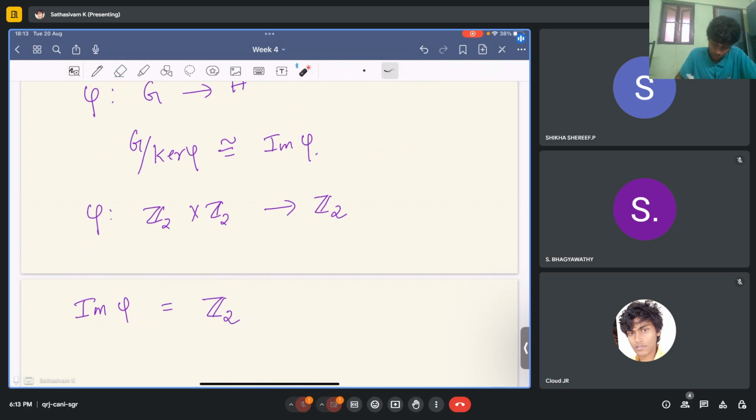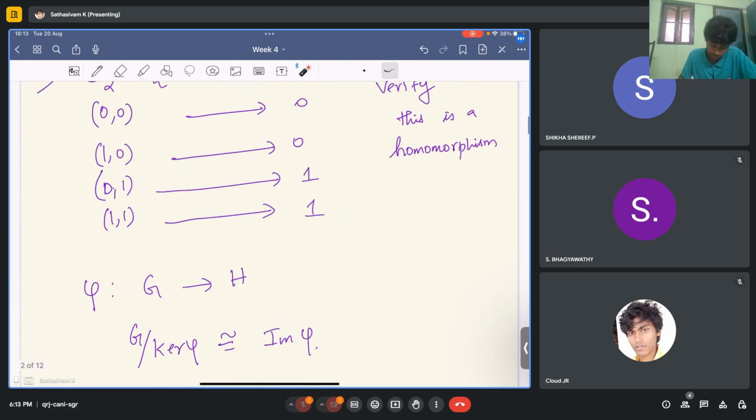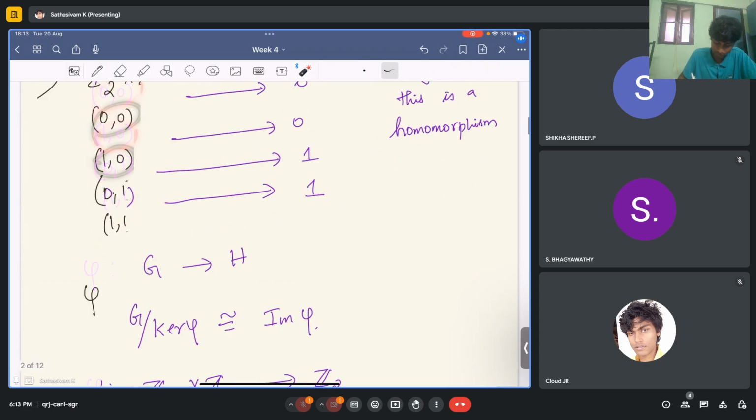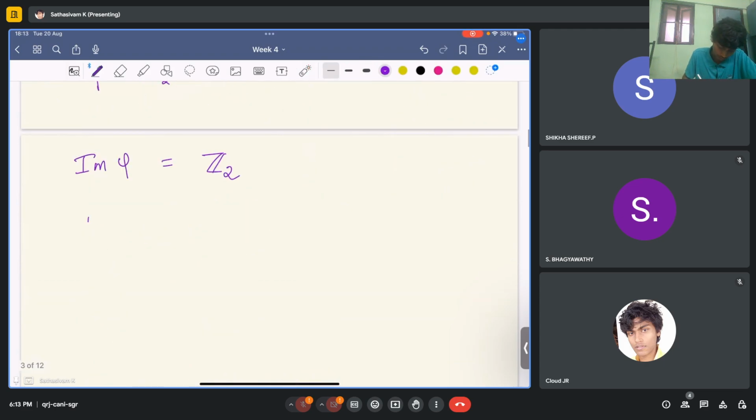Now what we have to compute is the kernel. So let's look at what the kernel is. The kernel is the set of all elements that go to 0, right? Only these two elements go to 0. So the kernel is basically these two elements. The kernel of phi is nothing but (0, 0) and (1, 0).